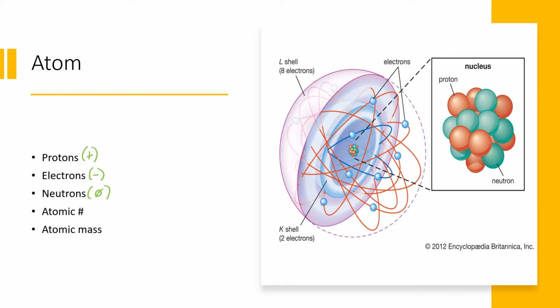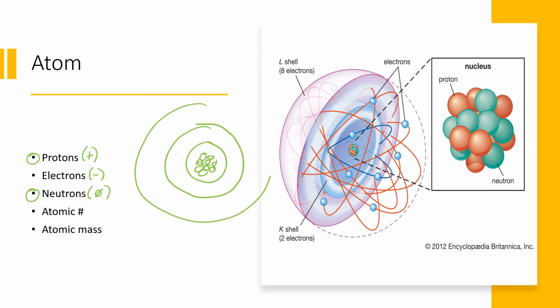The nucleus of an atom is made up of protons and neutrons, and electrons, quote unquote, revolve around the nucleus. Now, you've probably seen in chemistry class the little diagram where you have your protons and neutrons in the middle making up your nucleus, and then you have shells, like valence shells, surrounding the nucleus.